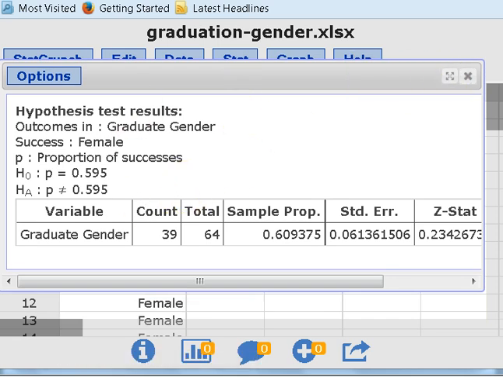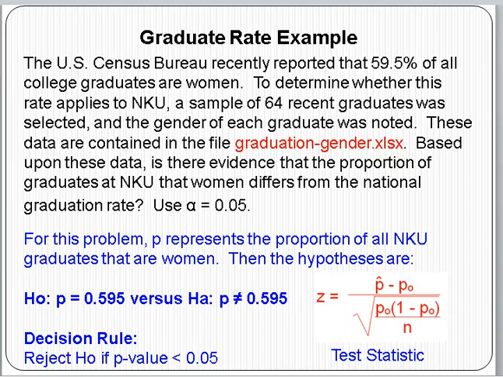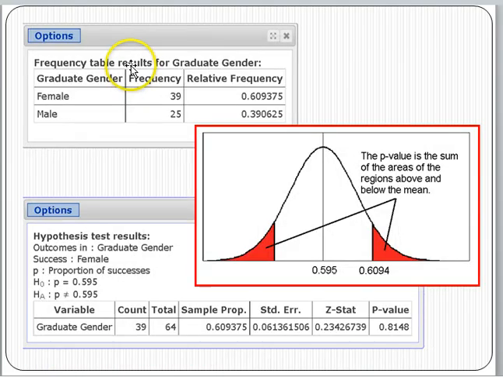Now, returning to the PowerPoint, I have actually copied the two tables from StatCrunch. Here's the frequency table. Here are the hypothesis test results. Notice the p-value is 0.8148.